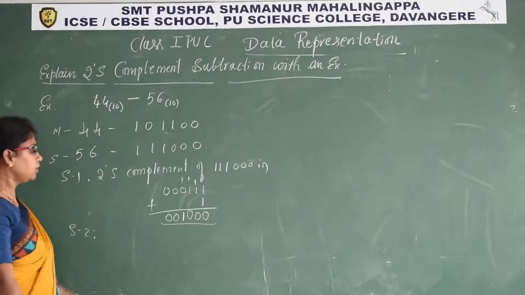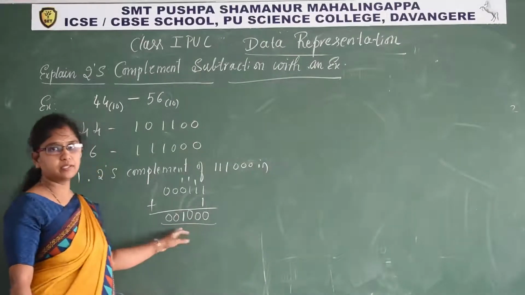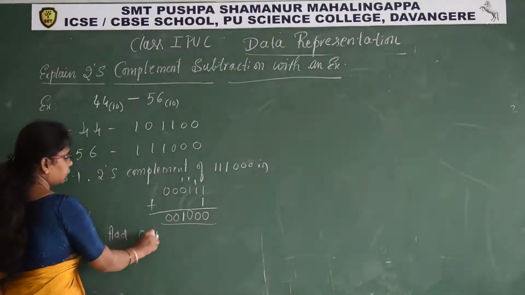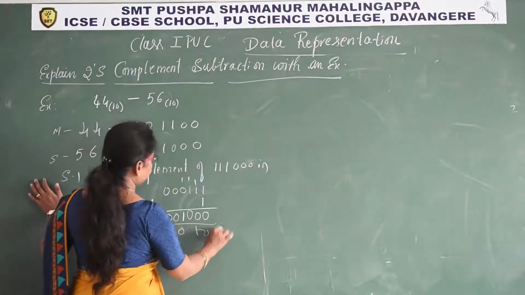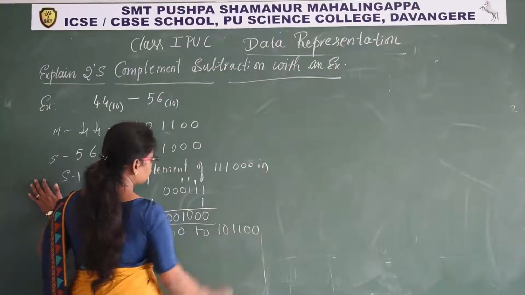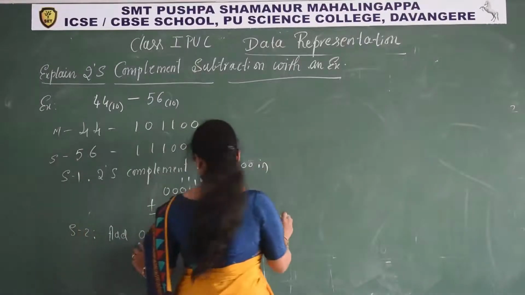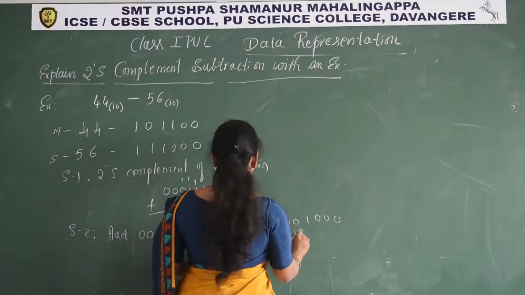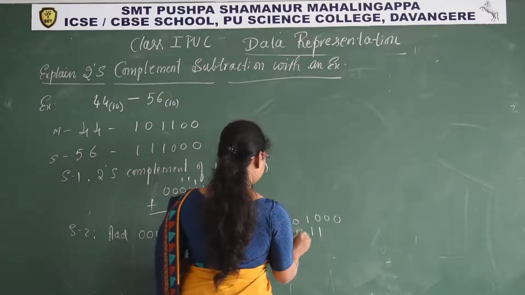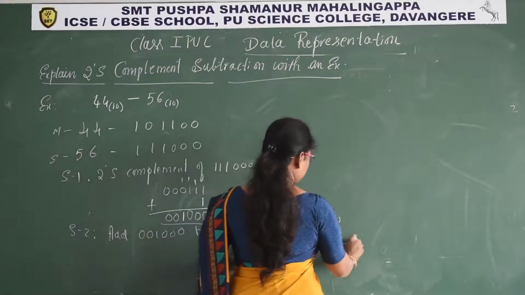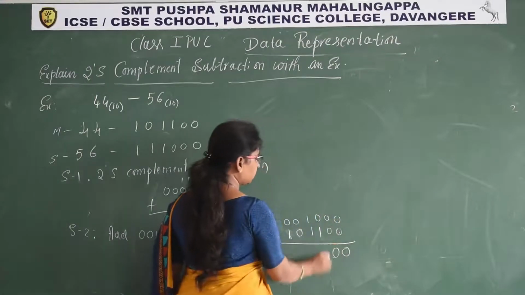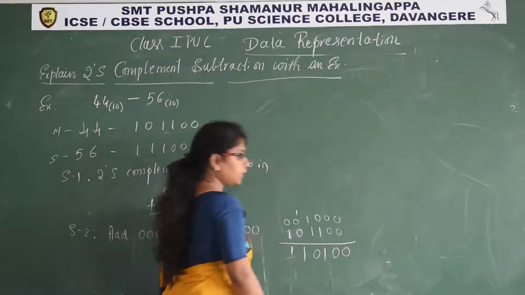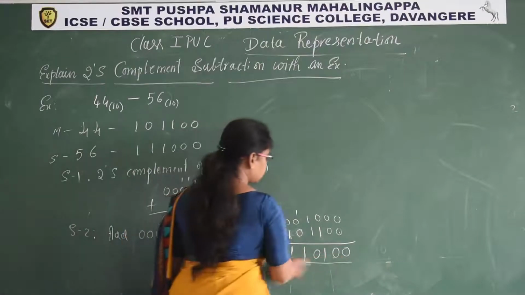Now, we have to add this 2's complemented result to the minuend. Add 001000 and 101100. 0 plus 0 is 0, 0 plus 0 is 0, 0 plus 1 is 1, 1 plus 1 is 0, carry 1, and so on, giving 110100. Here there is no end around carry.